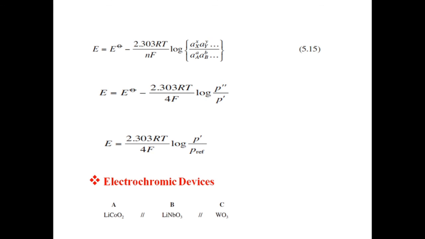If you see the figure, you will get a clearer idea and understand better. Sorry, I have not given the figure here, but remember the anode material, the cathode material, and that the solid electrolyte is lithium niobium O3.